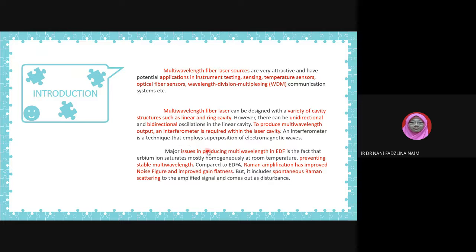Major issues in producing multi-wavelength for erbium doped fiber is that the erbium ion saturates most homogeneously at room temperature. Thus, it prevents stable multi-wavelength. So basically for EDF, the issue is that it has unstable multi-wavelength. But for Raman amplification, it has improved noise figure and also gain flatness.